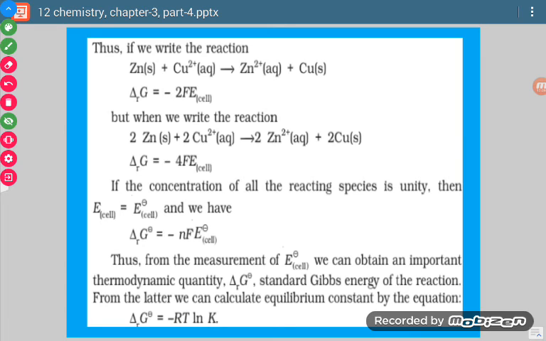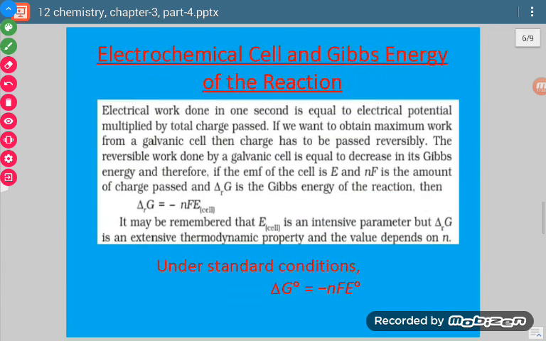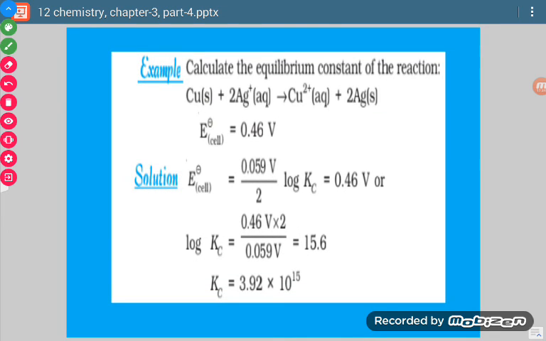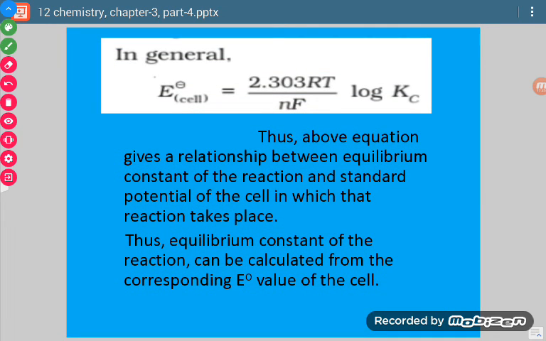Now we have done two relations. In a previous relation, E naught cell was equal to 2.303 RT over nF log Kc. See here, just now we have done this.